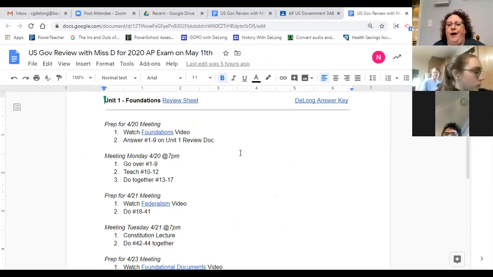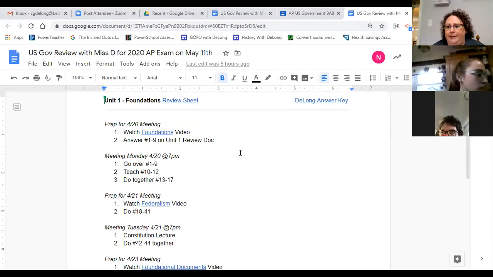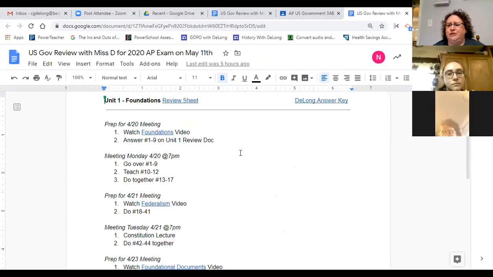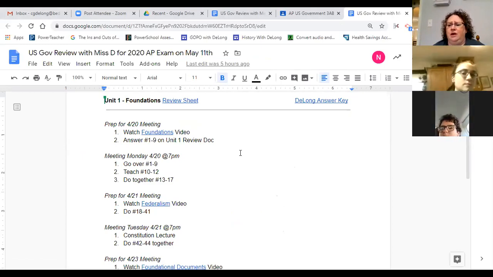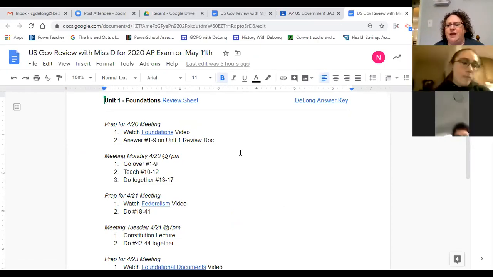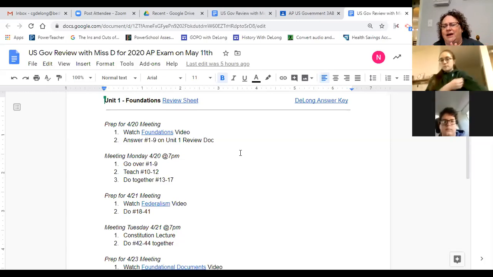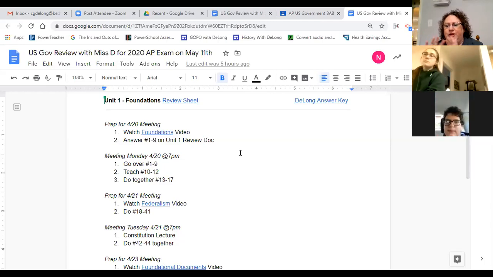And so today we're going to focus on the kind of pre-Constitution stuff. And then on Tuesday, we're going to focus on the Constitution. And then on Thursday, federalism and the foundational documents. So my goal is content, and then content with the FRQ types of questions, okay? So that we're getting both of those things that everybody wanted.